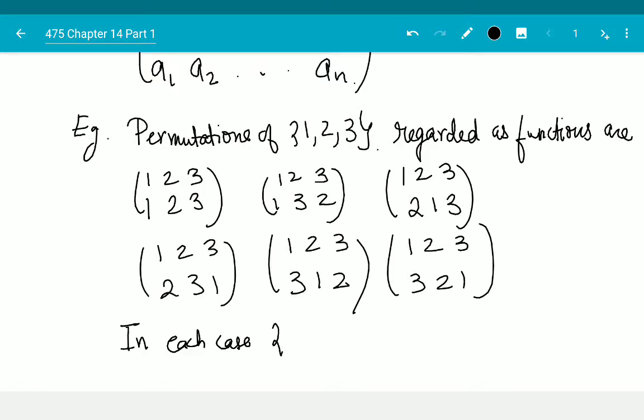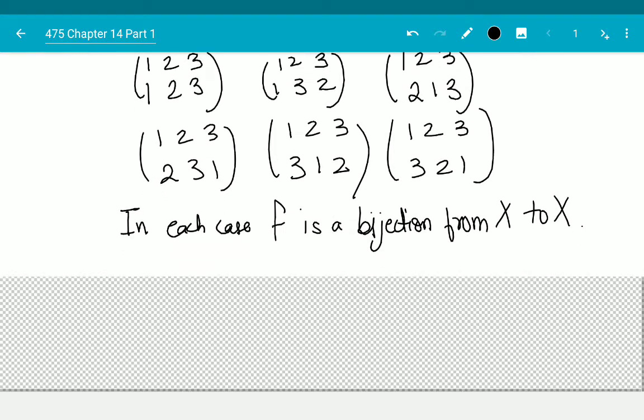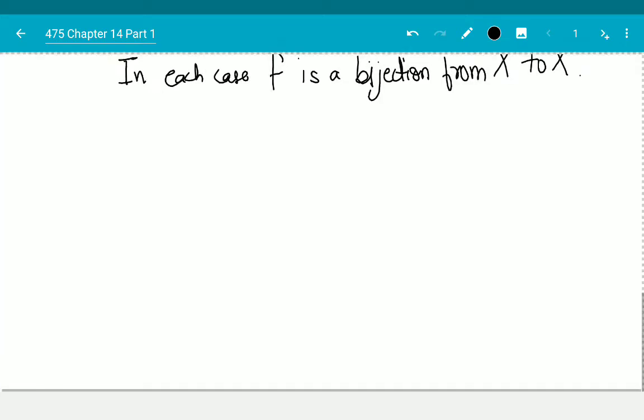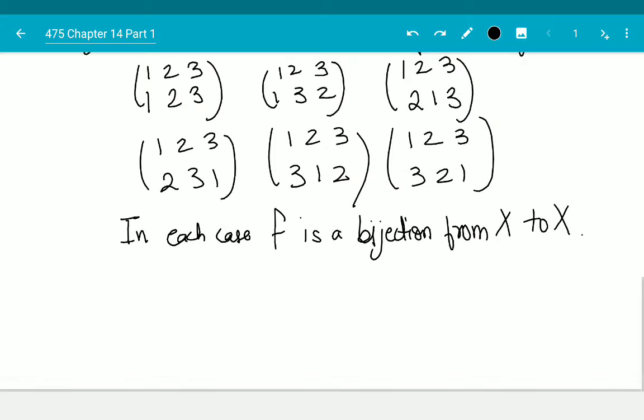In each case, f is a bijection from x to x, right? Great. We have denoted these. Now, what I can do is look at the second one and the third one.